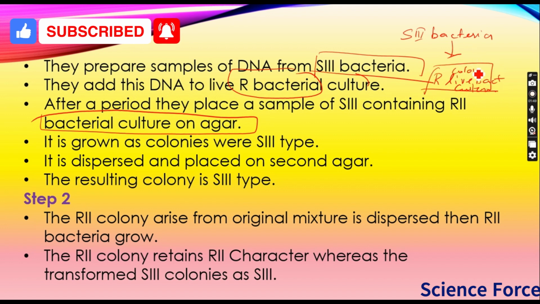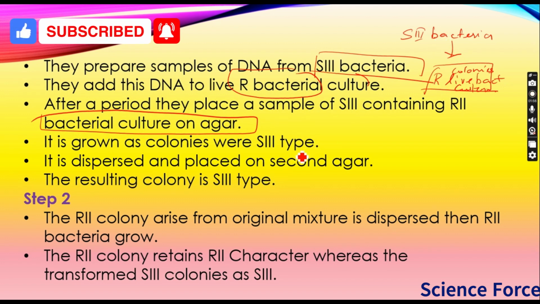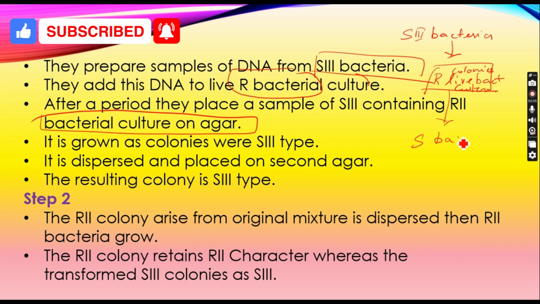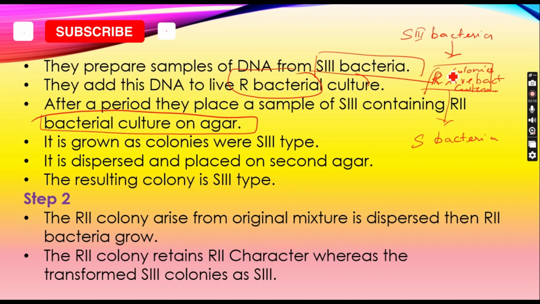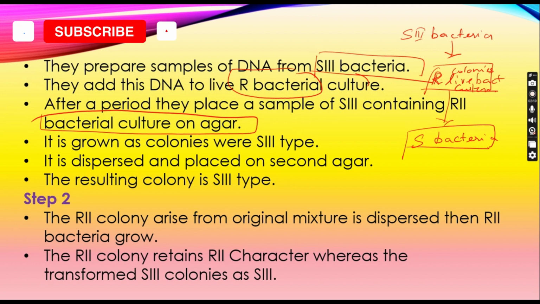When the S3 bacteria are introduced into the R bacteria, the resulting colony shows the R live bacteria becoming S bacteria, which means the rough strain culture became a smooth culture due to the introduction of the smooth culture.